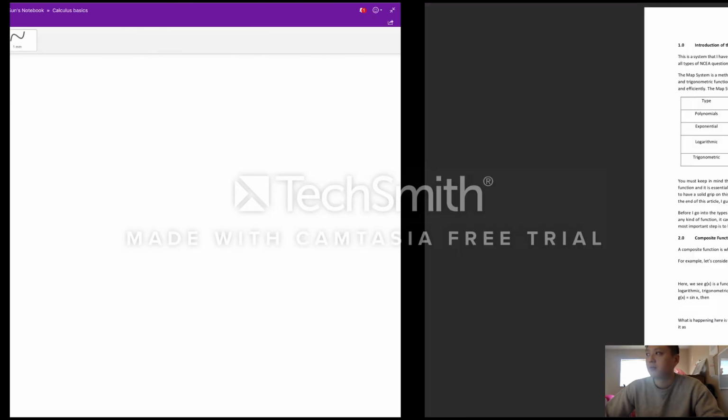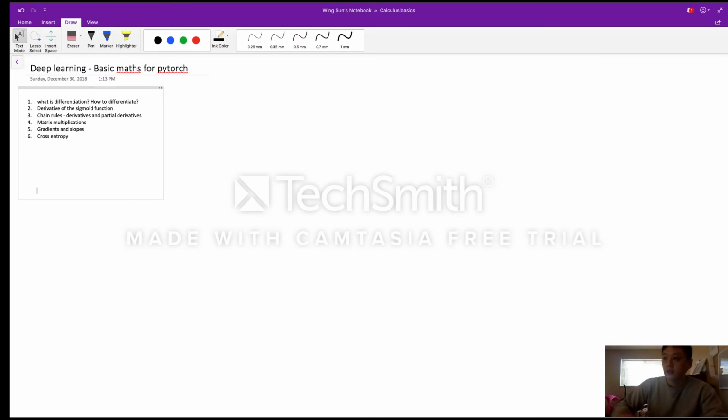Now, what does f of x mean? F of x just basically means that x is the variable of the equation. Let me move this to the side so I have more room to write on.